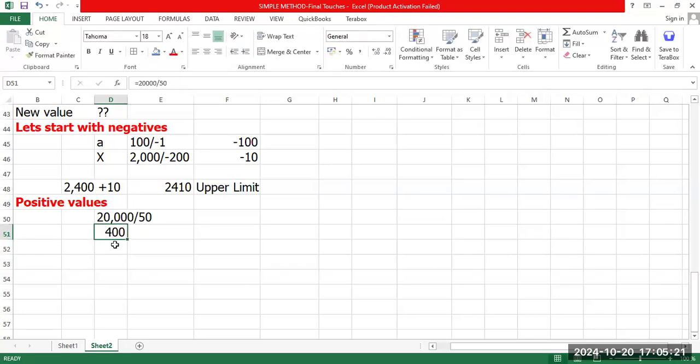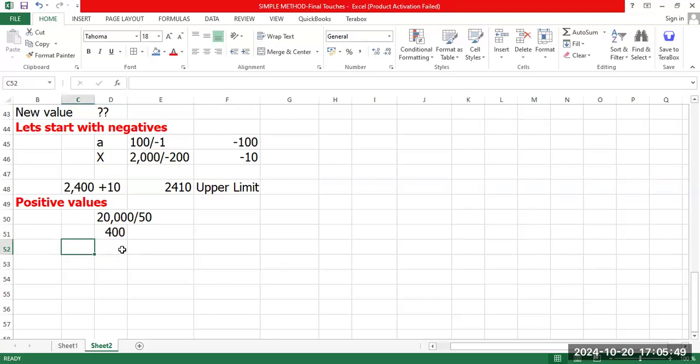You get 400? Yes. So you get 400. Since this is 400, remember, this will help you to get the lower limit. The sign is positive, so it should help you to get the lower limit. If the sign is negative, it helps you to get the upper limit.